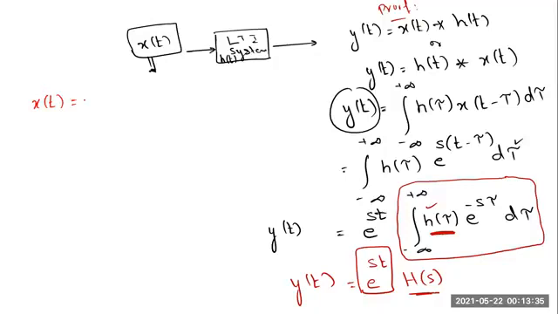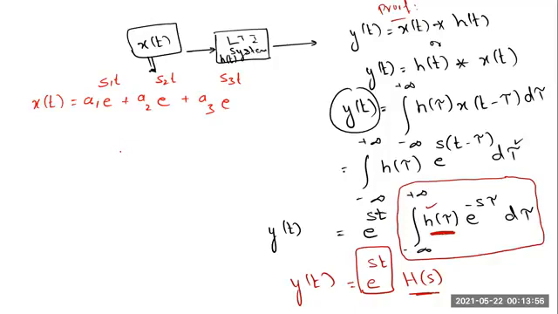So let's assume that x of t is like this: a1 e to power s1t plus a2 e to power s2t plus a3 e to power s3t.